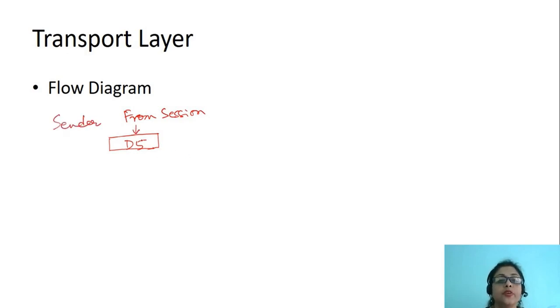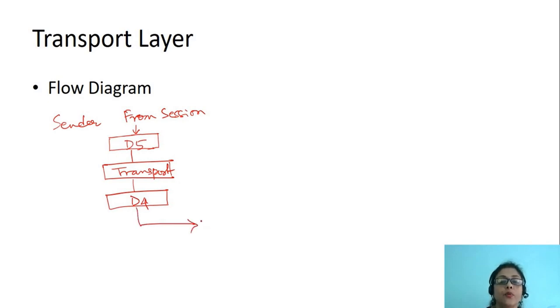So data is being received from the session layer. So it is D5. It moves to the transport layer and it places the various process addresses and forms the D4 data segment from the transport layer.